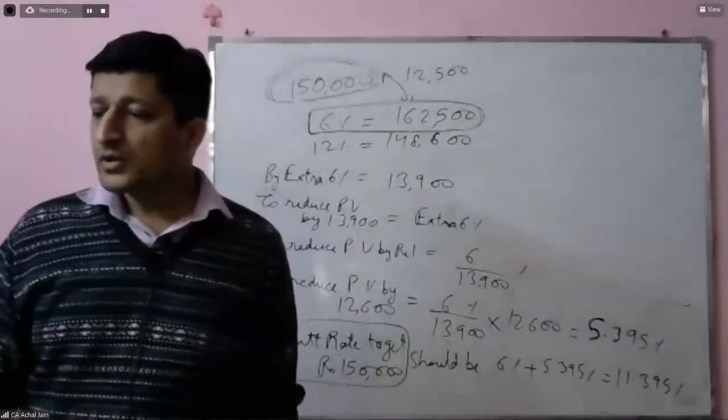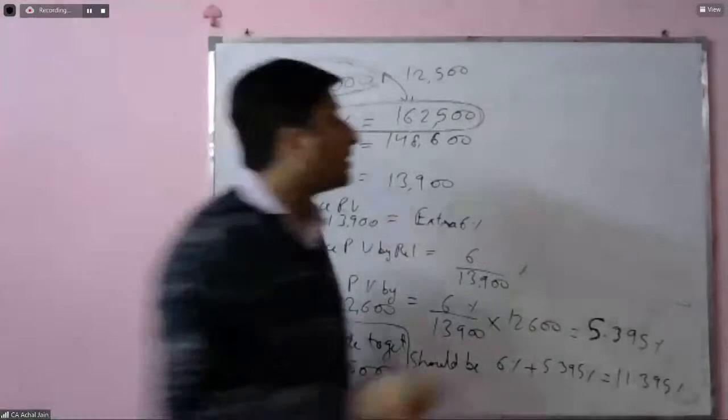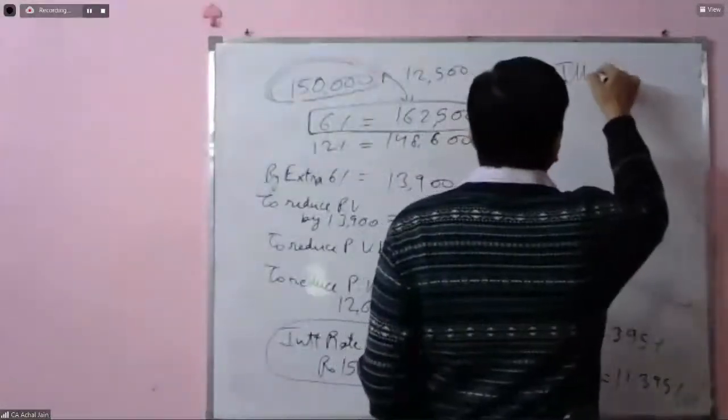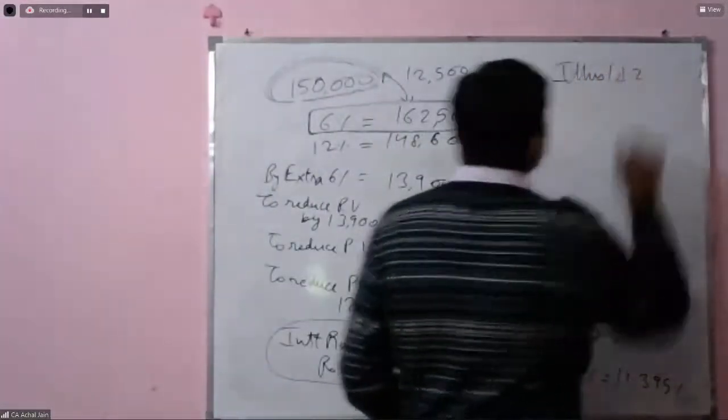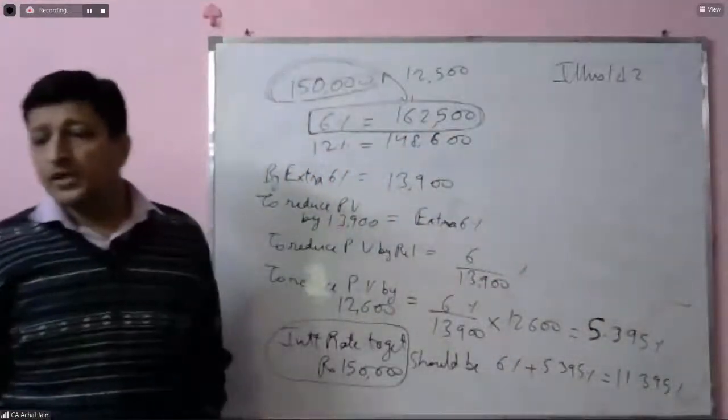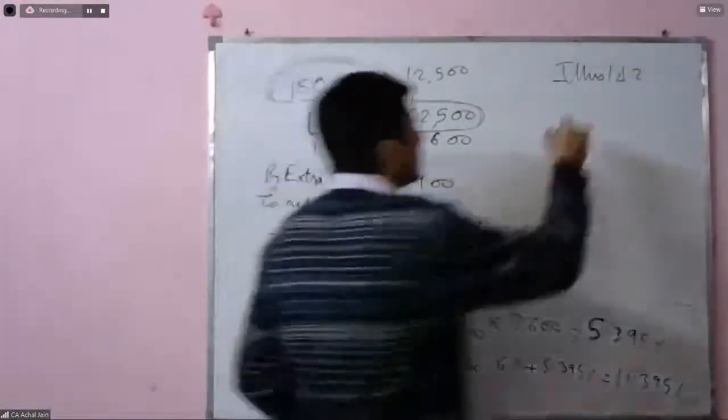Now you need to note down the homework. Your homework should include illustration number 1 and 2 on page number 12.166.